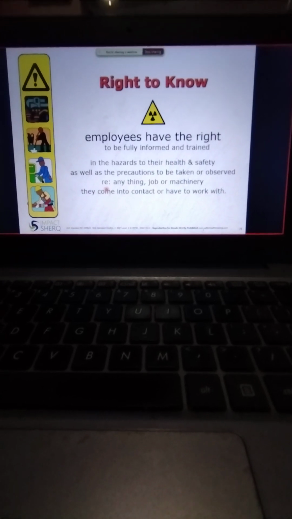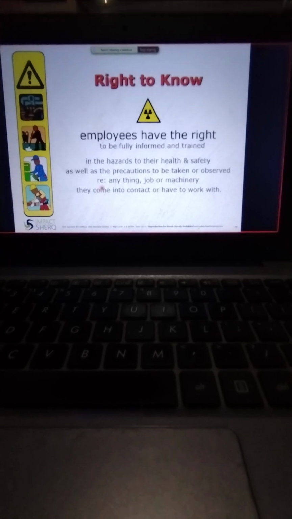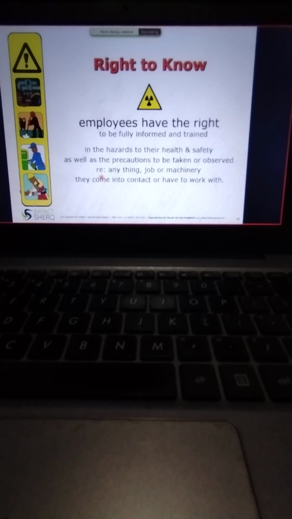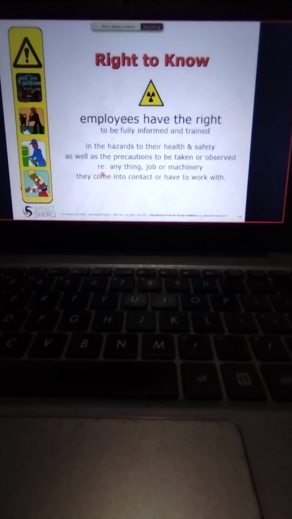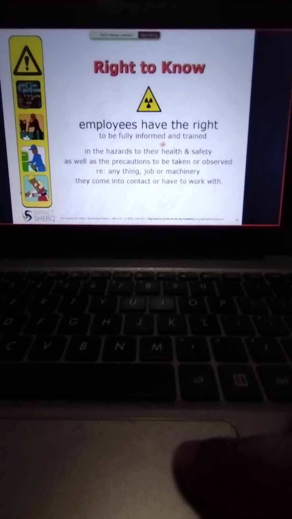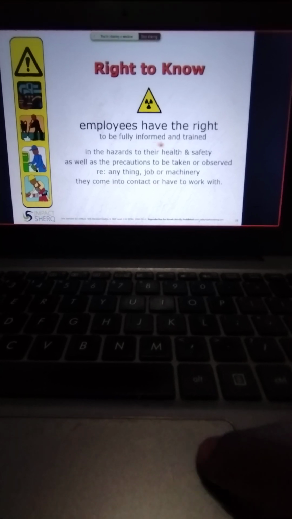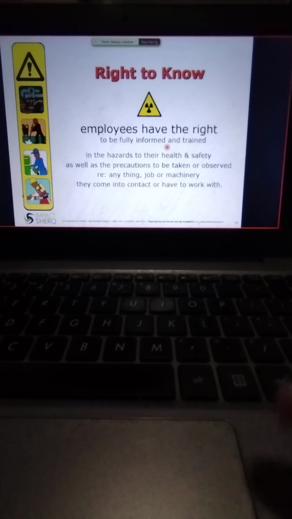Now, as I'm finishing up the first part, I want you to be aware of the rights of employees. Now, under Section 14 of the Health and Safety Act, which is what we'll look at on Thursday, the employees have got rights. And one of the rights of employees under health and safety is all employees have a right to be informed and to be trained.